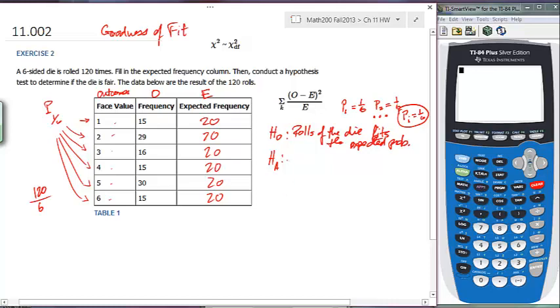And then the alternative hypothesis is the complete opposite, so we can say that this does not fit. That's why it's a goodness of fit test, because it tests how well our data fits the expected values.